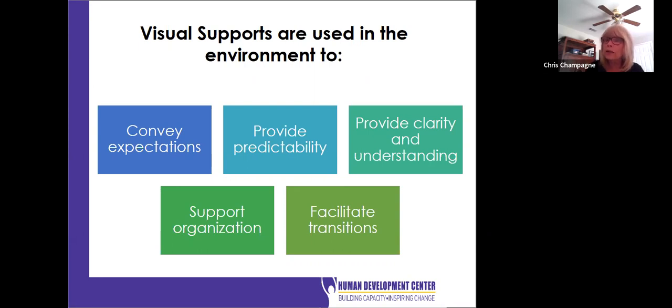They can provide clarity and understanding. They support organization, and they facilitate transitions. And so what we're going to do is go through some of these, and I'm going to show you some examples, many of which can be accessed through our website or through your resources that we've supplied for you.